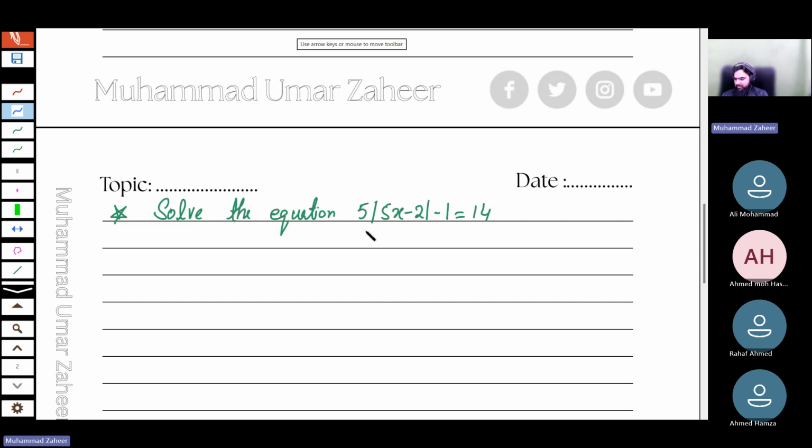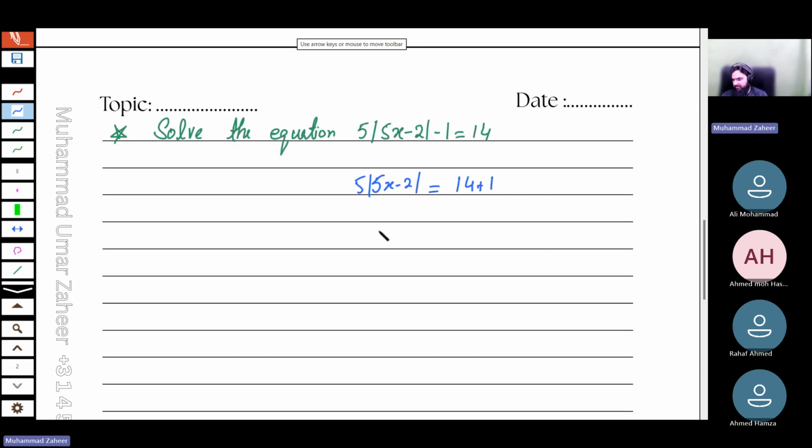Now you want to solve it. First of all, it is -1. Take it to the other side, it will become +1. So 14 plus 1. Now 5 is multiplying. Take this value to the other side, it will become divide. So it will become 15 over 5, that would be 3.